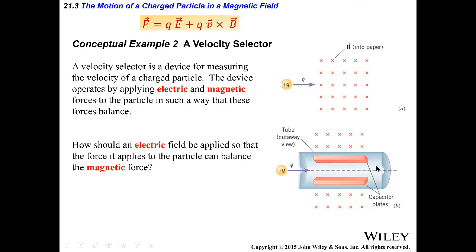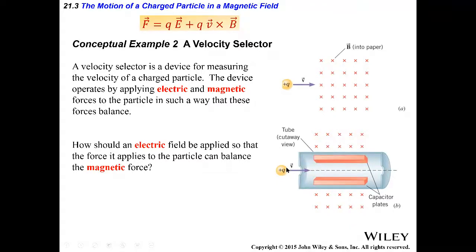And this is a velocity selector because the electric field that I put in has to depend on the magnitude of the velocity and the magnitude of the magnetic field. I already know my magnetic field, therefore I have selected a given velocity. Any other velocity would not be sufficient, and so it will either go up this way or down that way.